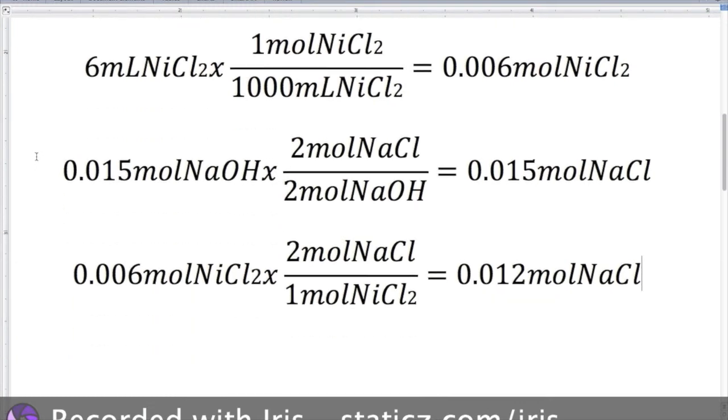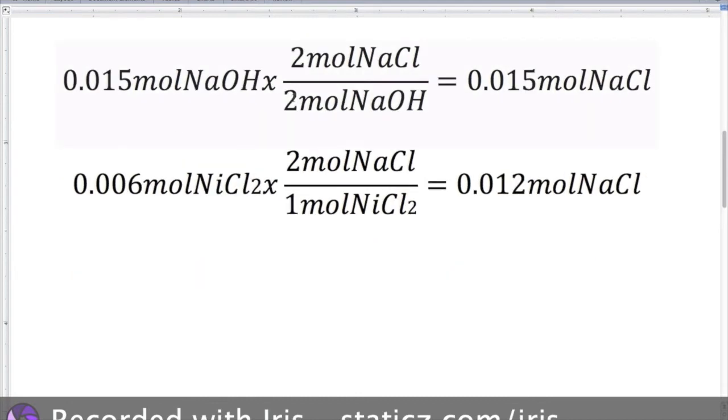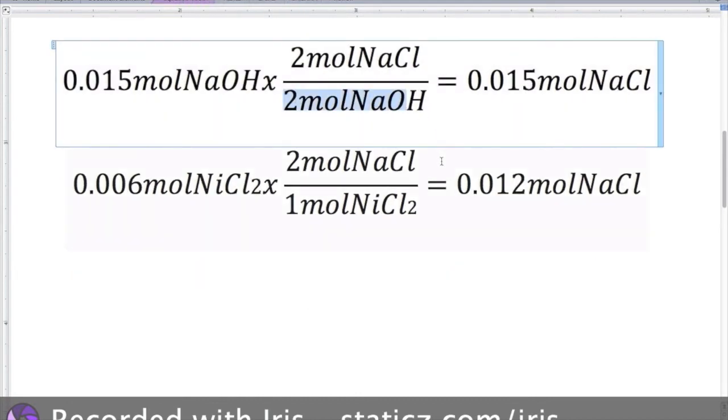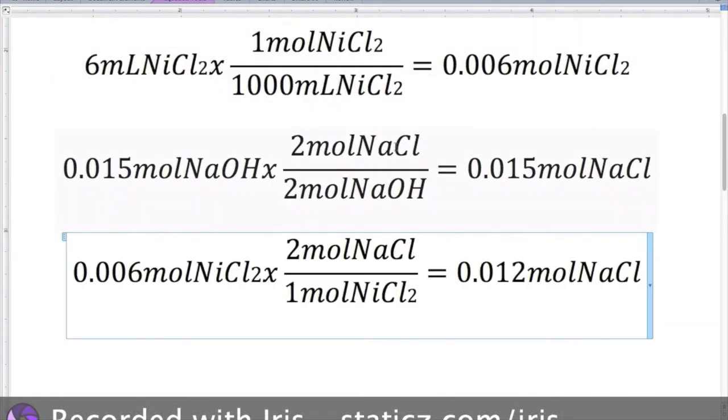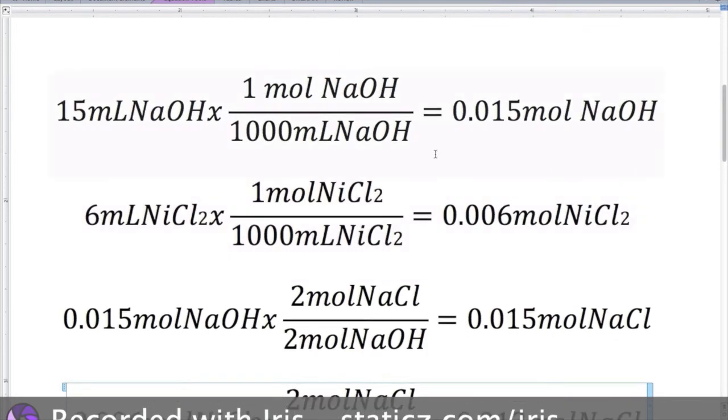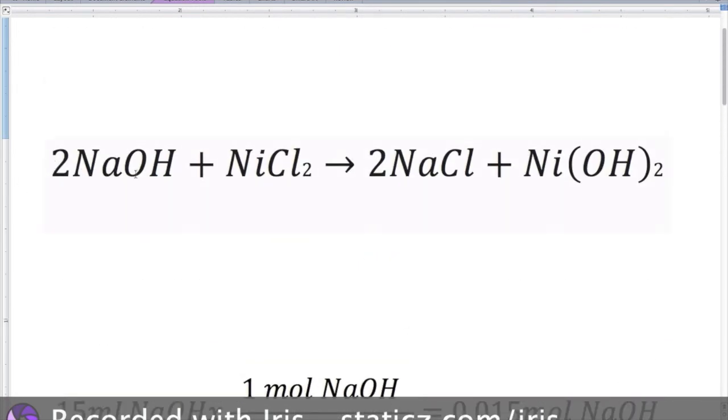And then we went on to find the number of moles of sodium chloride that the reactant produced. We have 2 moles of sodium hydroxide and 2 moles of sodium chloride. 2 moles of sodium hydroxide here makes 2 moles of sodium chloride here.